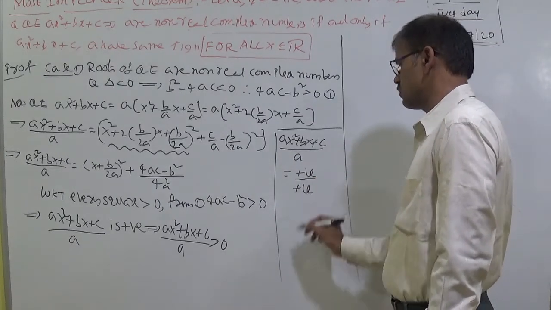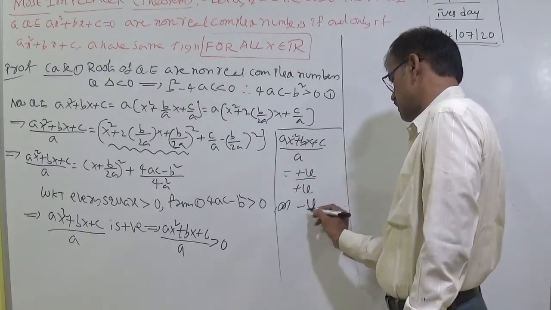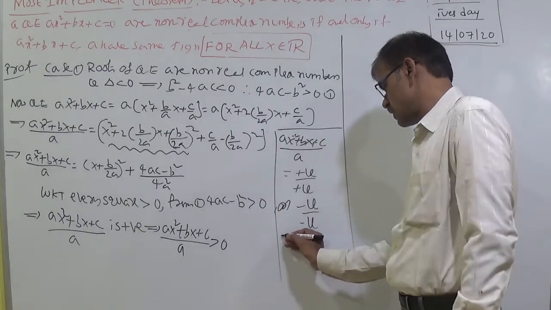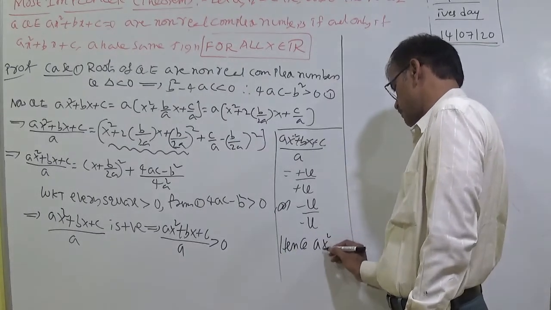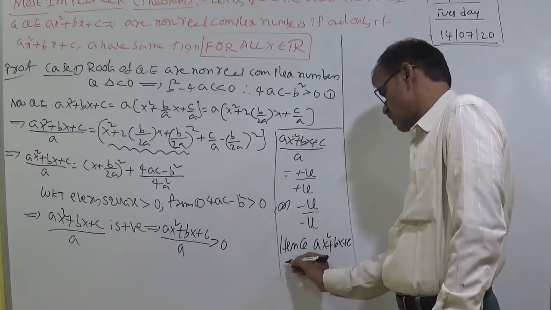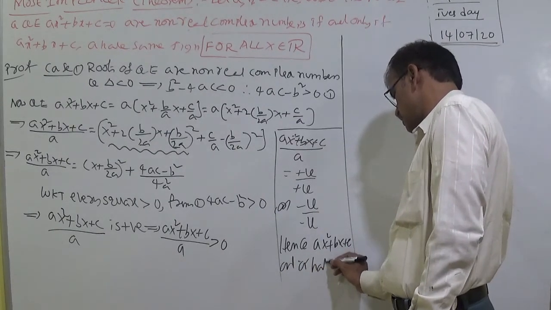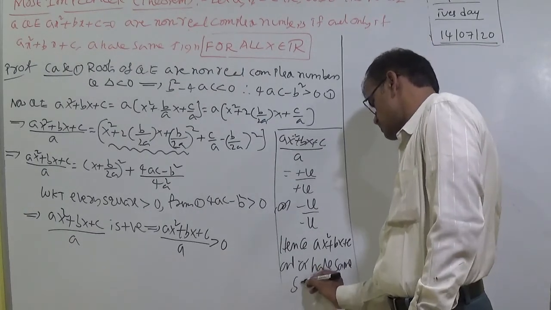Students, positive by positive becomes positive, or negative by negative, also positive. Hence, you can write ax square plus bx plus c and a have the same sign.